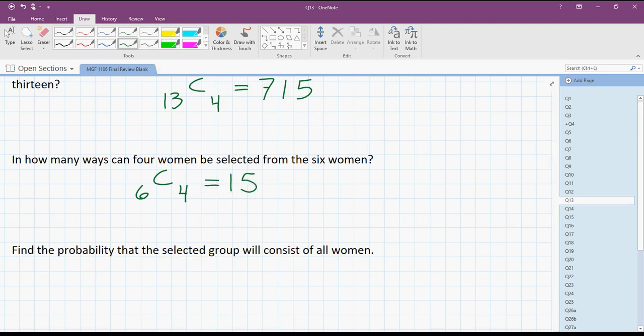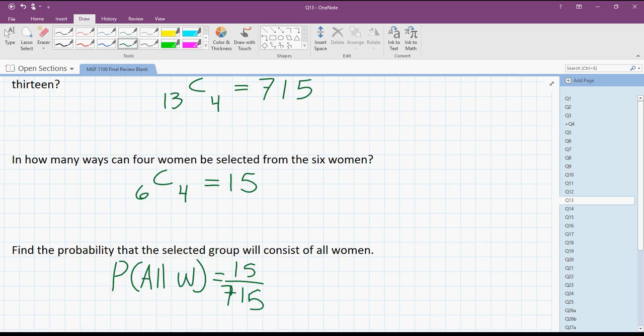Okay? And then in the end, we want to know the probability of nothing but women, which is the 15 over the 715. Absolutely. Because there are 15 ways to have all women and 715 ways to choose everybody.